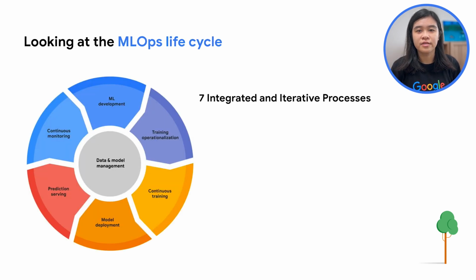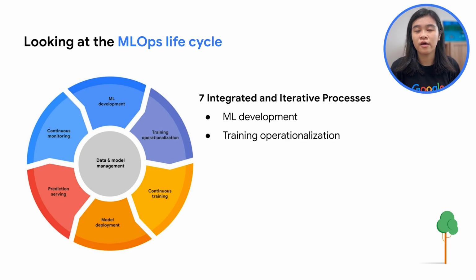Within MLOps, there are multiple stages involved, and it often goes in this sequence. First, you start with your ML model development. Once you have decided on your model, you will have to operationalize your training by building a training pipeline. This includes gathering training data, running your training jobs, and evaluating the performance of your model.